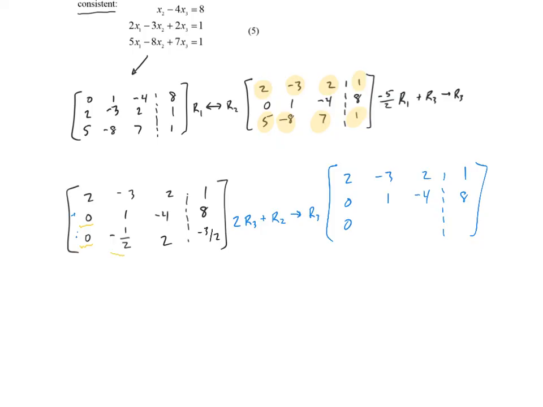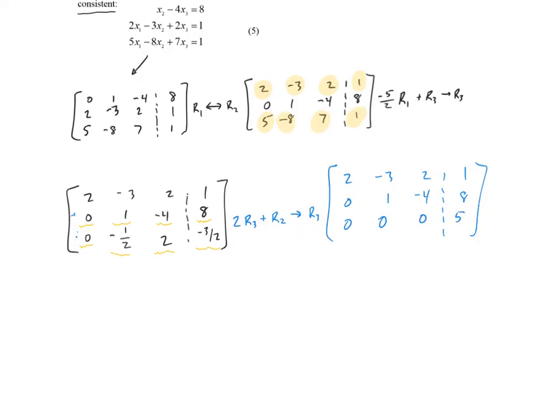You double negative 1/2, you get negative 1. Add 1, you get 0. You double 2, you get 4. Minus 4, oh, hey, we got another 0. Interesting. Let's see what happens with the last entry. You double negative 3/2, negative 3. Add 8, and you get 5.